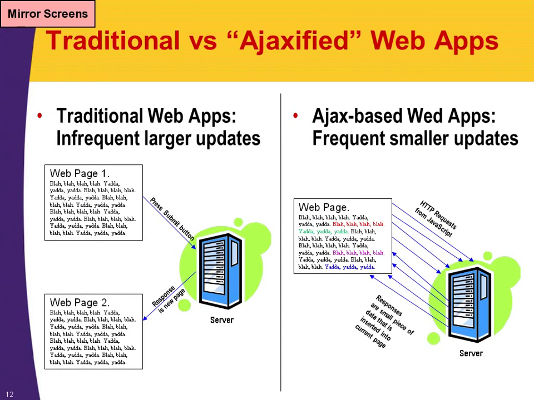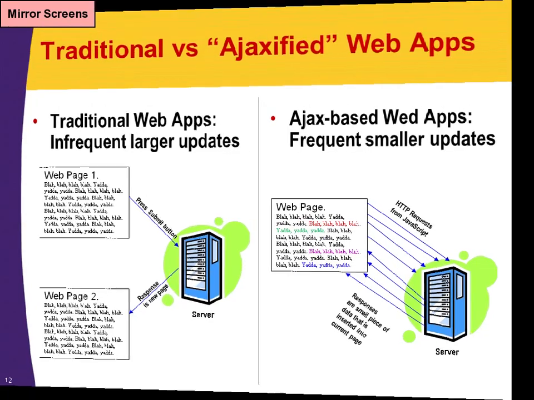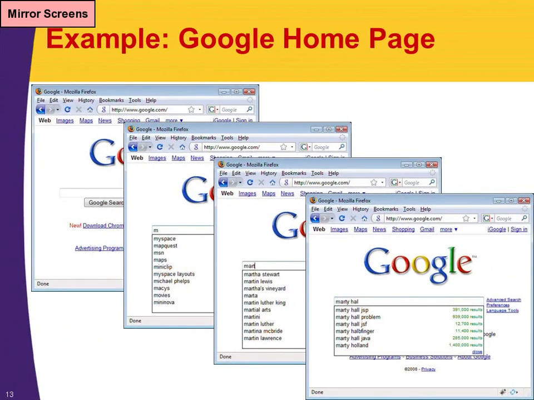So again, remember, traditional is one request, response, request, response, whereas with the Ajax model, there are frequent smaller updates. And again, there are examples I showed you, one of the most obvious being something like the Google homepage.